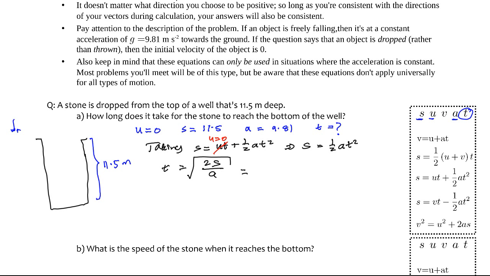So this is the square root of 2 times s, the displacement, which is 11.5, and the whole thing divided by the acceleration, that is 9.81.